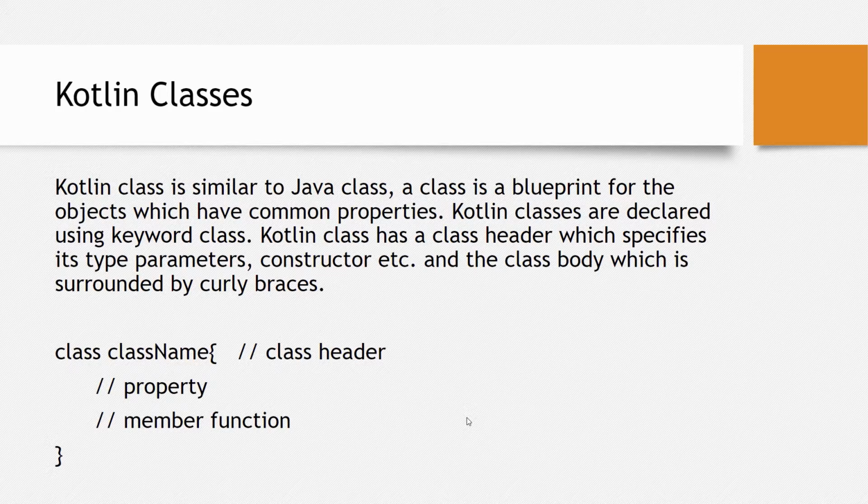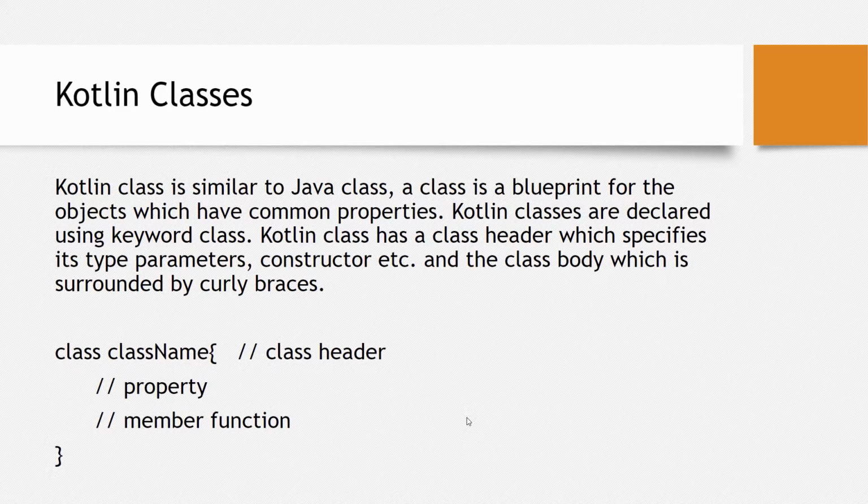So the architect will design a building, then he will make as many buildings as he wants. What we need to start building is a blueprint, a plan. That in Kotlin is called a class.